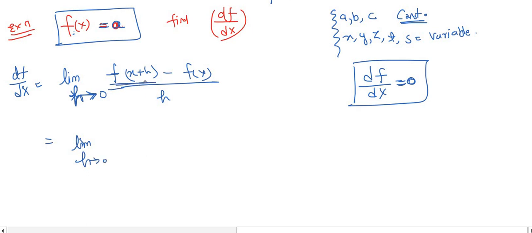What is f of x plus h? See, this function is constant. It does not matter what is there. If it is x plus h, or if it is only x, or if it is 2 or 3 or 5, whatever it is. Its value is always a, because it's a constant function a. And this is also constant a by h. So this and this cancel, which is answer is 0.